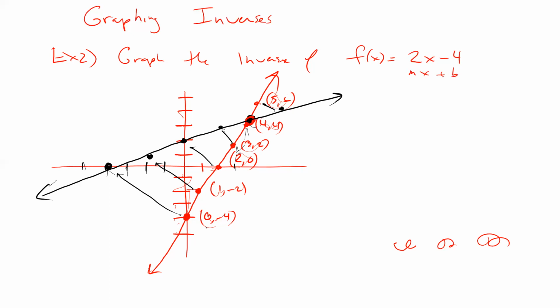But then this we call symmetric as well. 0, -4 going to -4, 0. That's technically symmetric about something. So the clue is the fact that 4, 4 is symmetric about itself.